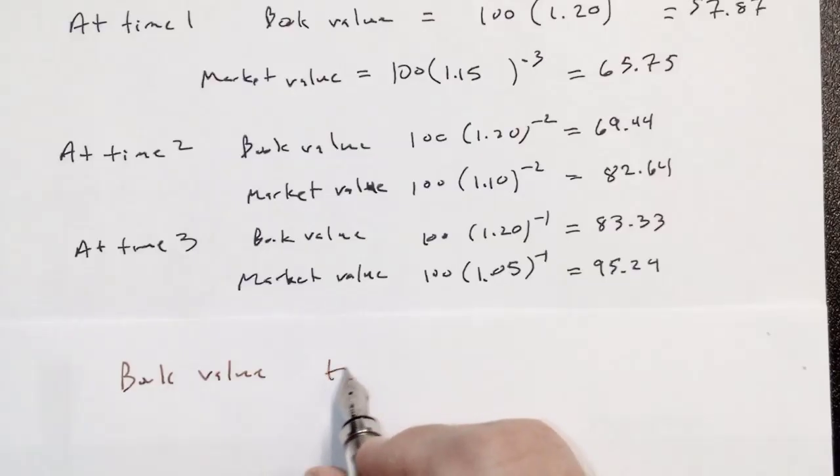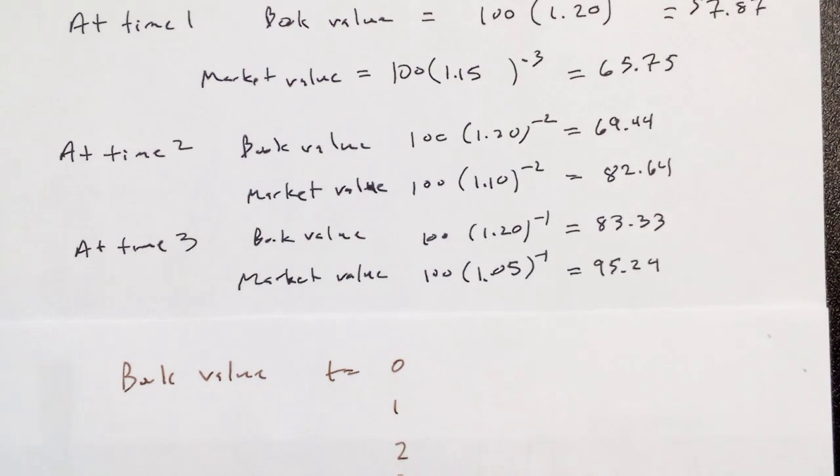Book value, time 0, 1, 2, 3, 4. Book value is 48.23, 57.87, 69.44, 83.33, and 100.